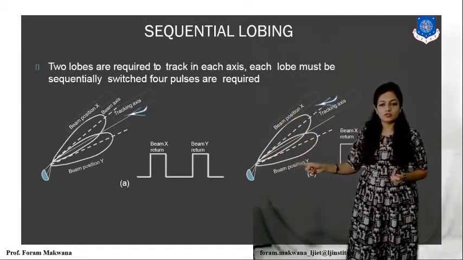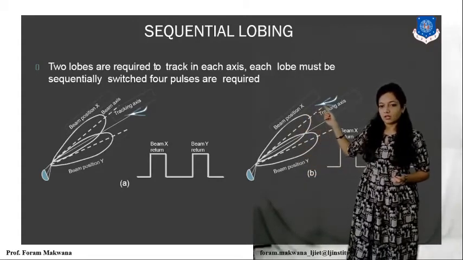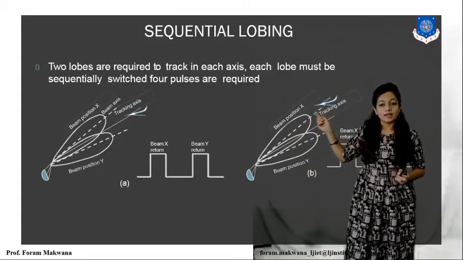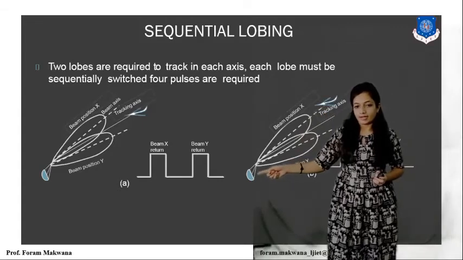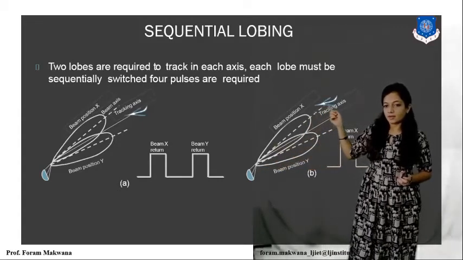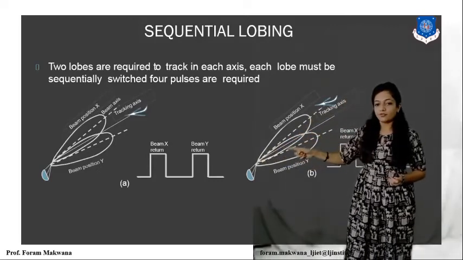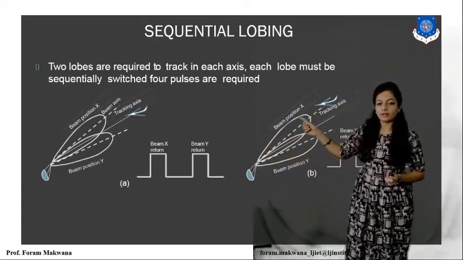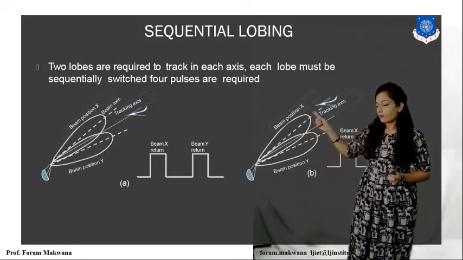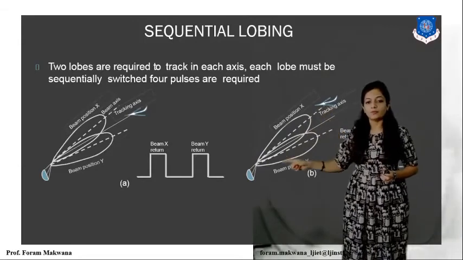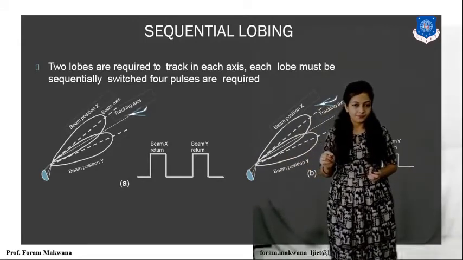If we need to trace that target with the help of this radar antenna, let's say this is my tracking axis. With the help of this beam we are able to track how far my target is from the radar antenna.